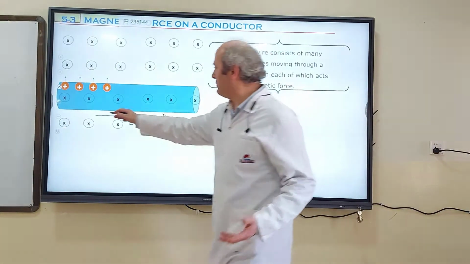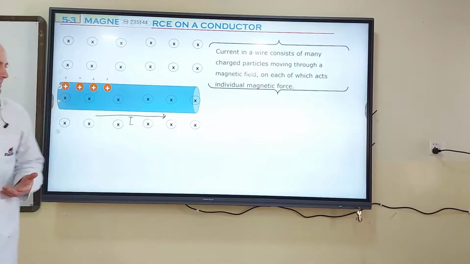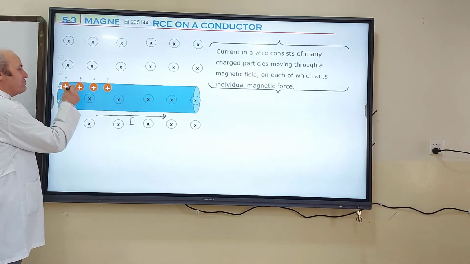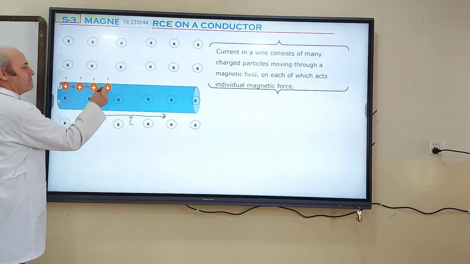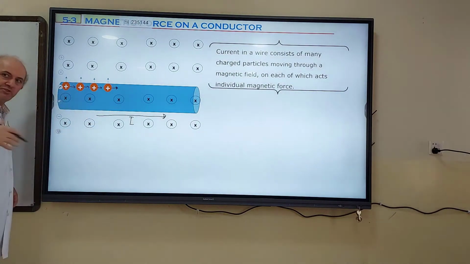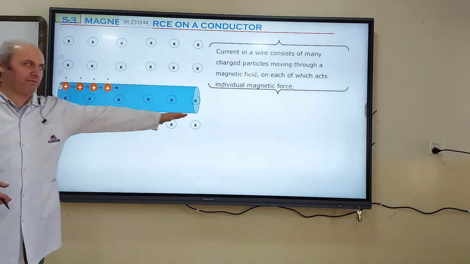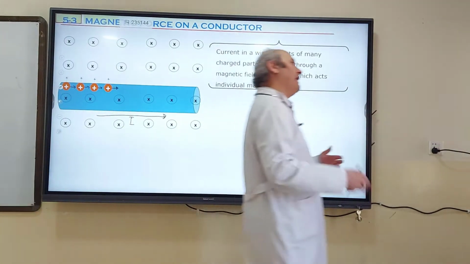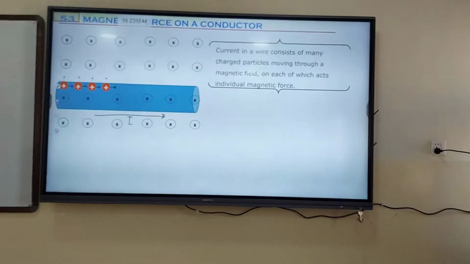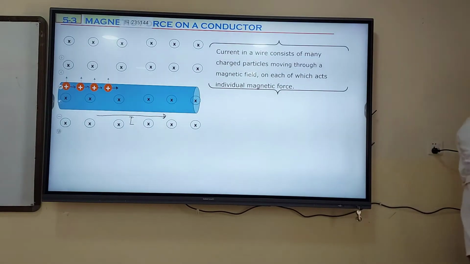If electric current is from left to right, can you say that each positive charge moves from left to right? Yes, because electric current is considered to be in the same direction as the positive charge motion. That's why the motion of the charges must be from left to right as well.